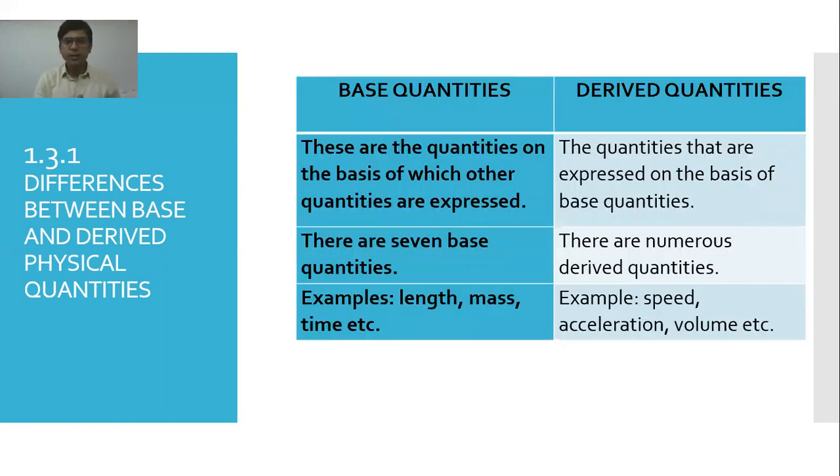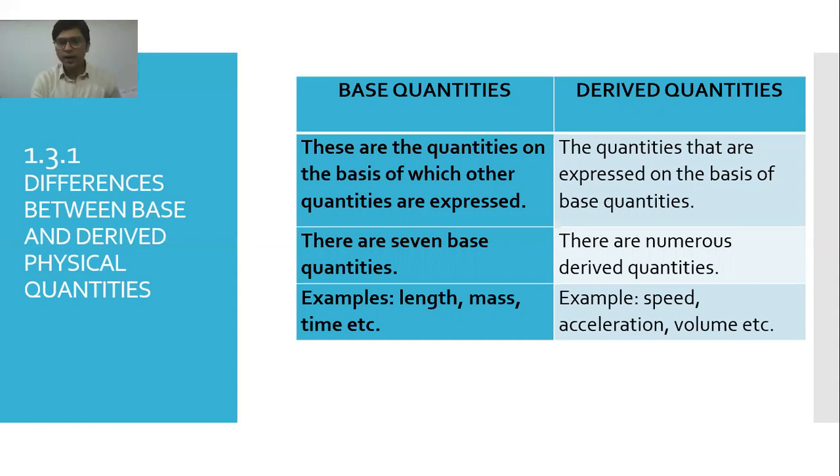In this table you can see the differences between base quantities and derived quantities. Firstly we will talk about the definition. The definition of base quantity is: these are the quantities on the basis of which other quantities are expressed. We have learned that base quantities are also called fundamental quantities, and on the basis of these base quantities, other quantities are expressed.